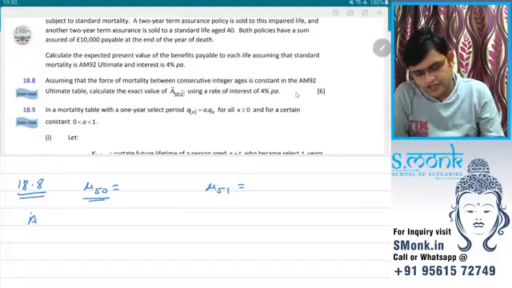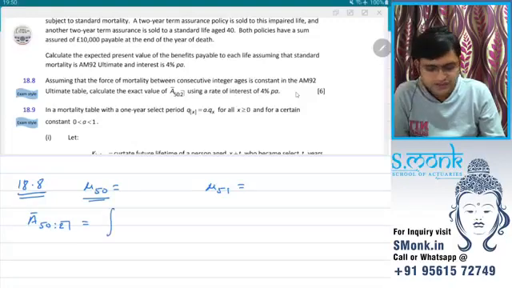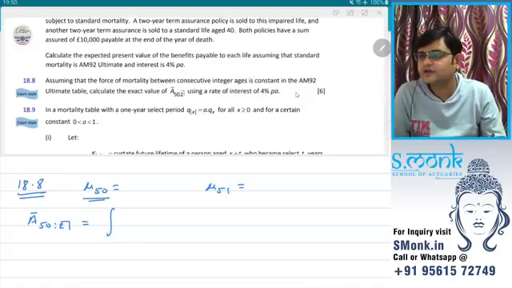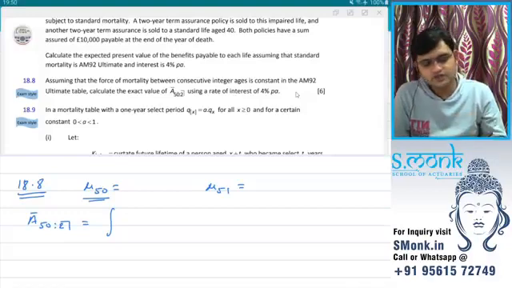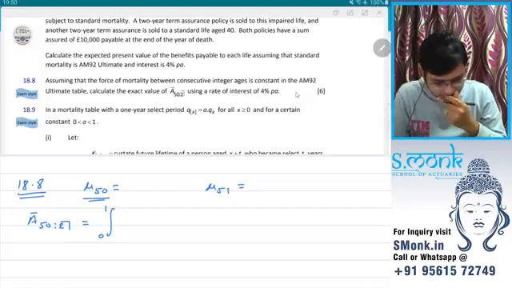So when I say A bar 52, first of all, this is endowment value. So endowment value, we'll write the death benefit and maturity benefit separately. So for death benefit, I'll say integration, because only for 1 year these mu values are constant, I will be going only for 1 year.